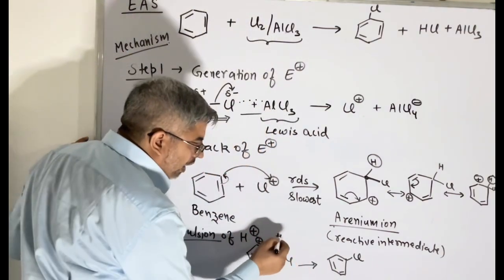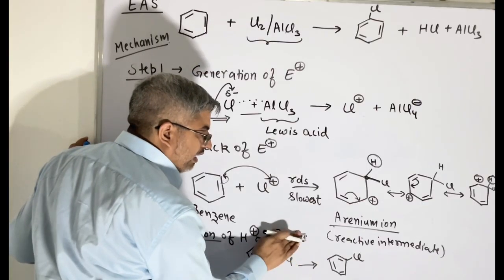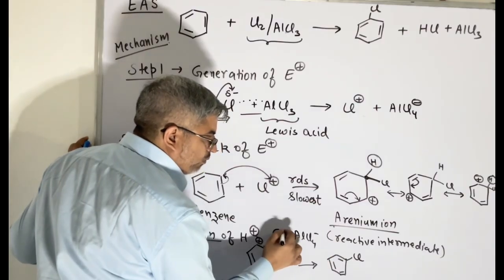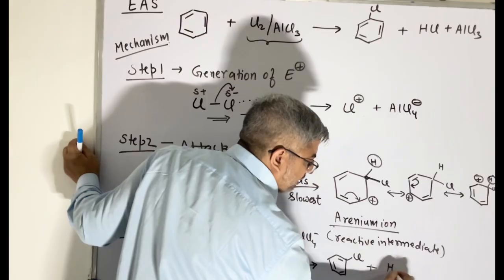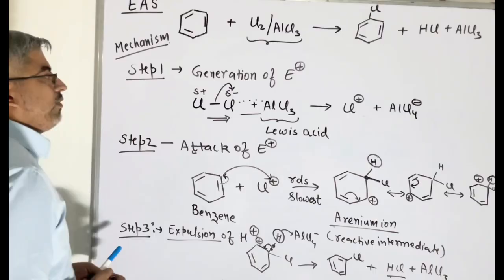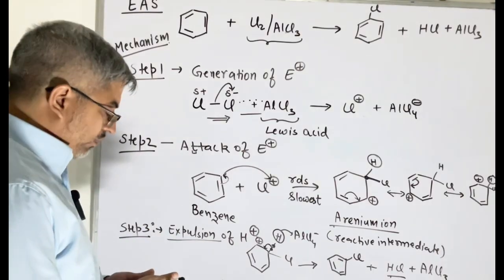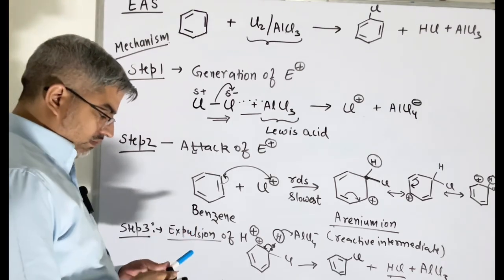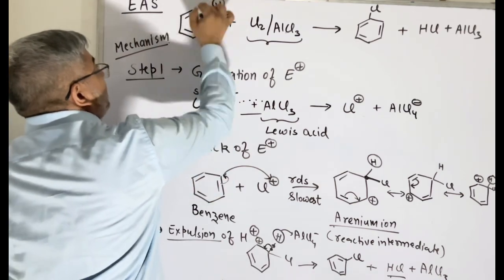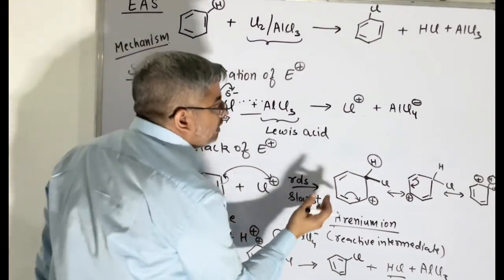And how will H plus be taken up? The AlCl4 minus again comes up, and it will fetch this H plus, and it becomes HCl and AlCl3. So now we can summarize what we have done. Basically, this H is substituted by Cl plus.